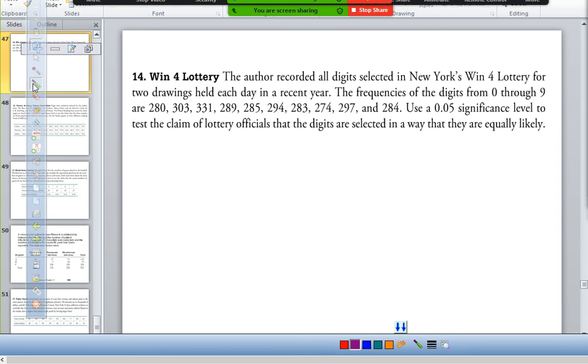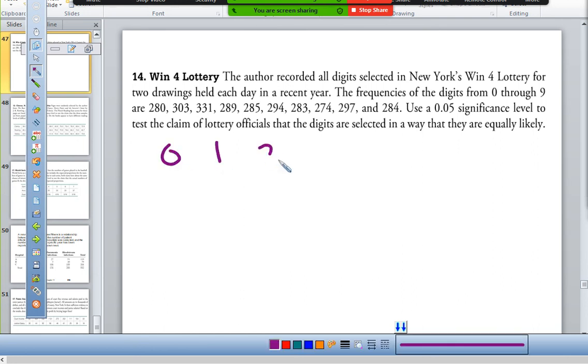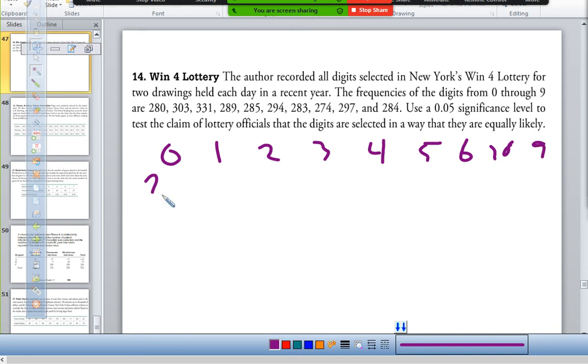I don't even have a table. I need to make my own table of this one. So if I were going to make a table, what would I do? Frequencies go from 0 to 9, and then these are the frequencies.